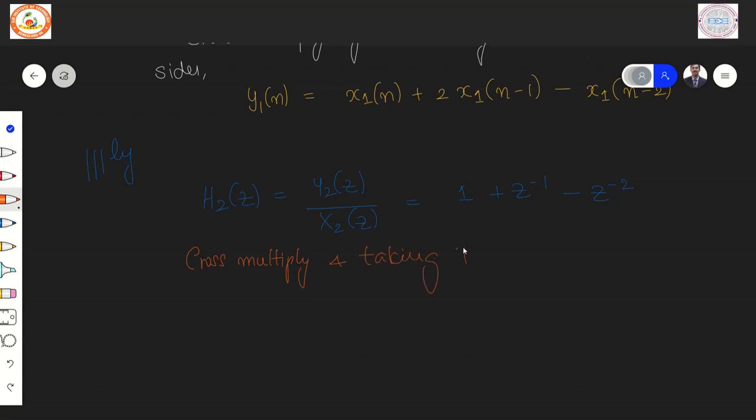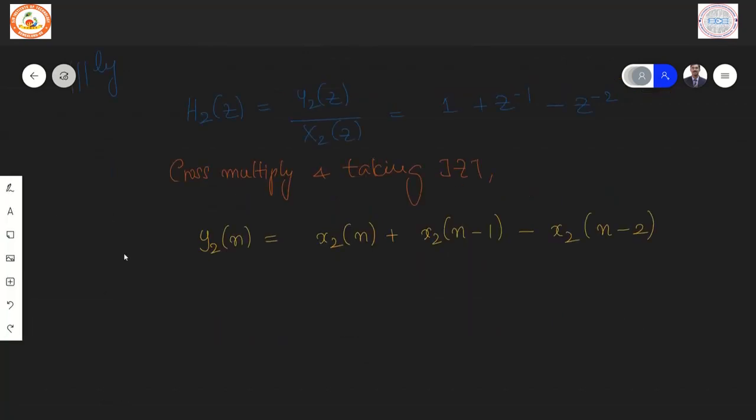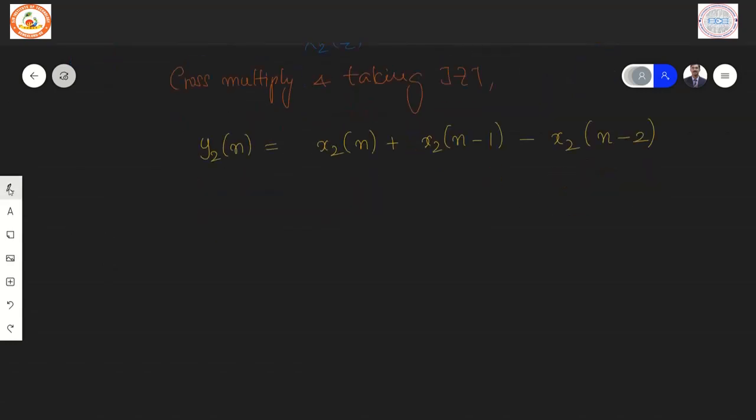Then, taking the inverse Z transform on both sides, we get the equation y2(n) equals x2(n) plus x2(n minus 1) minus x2(n minus 2). These two equations that we obtained for y1(n) and y2(n) can now be used to realize the structure.